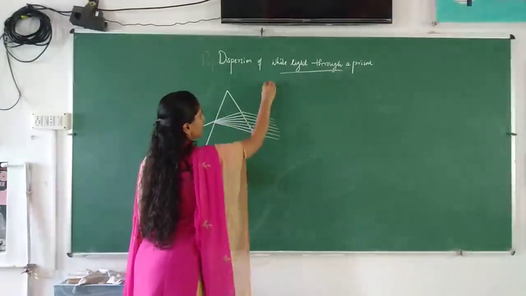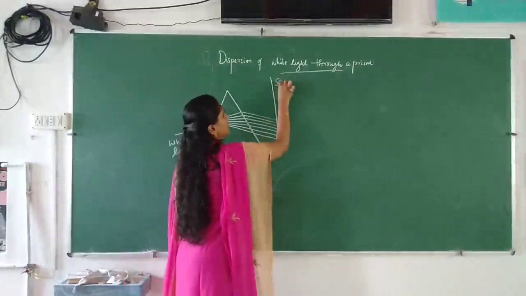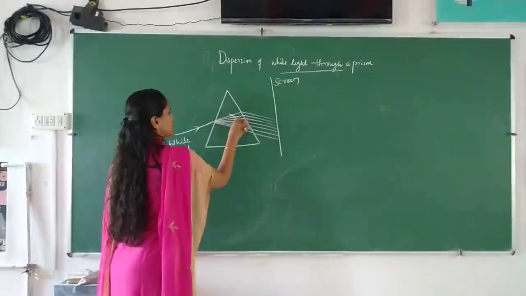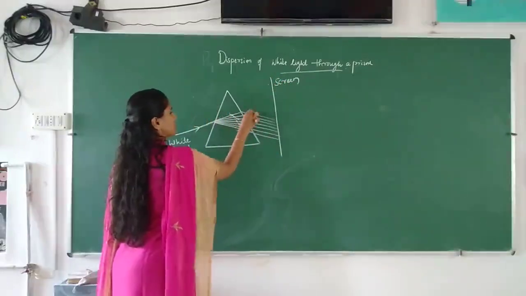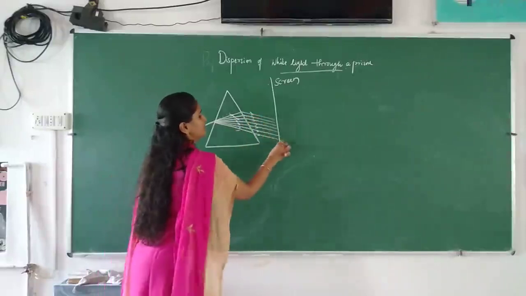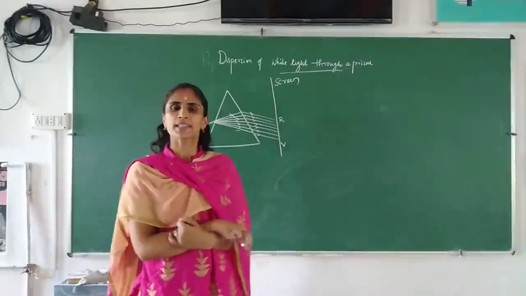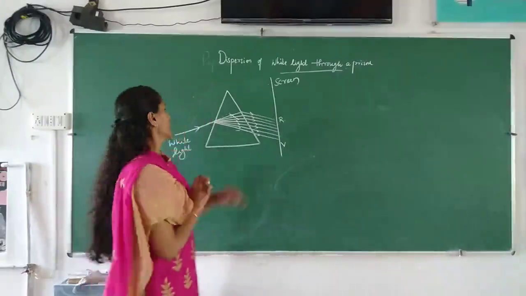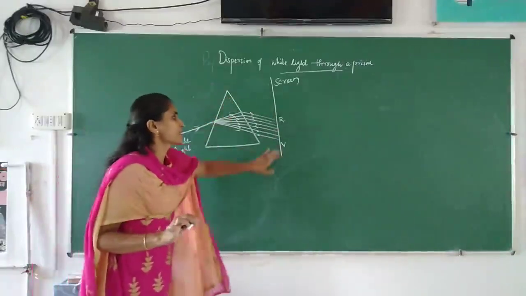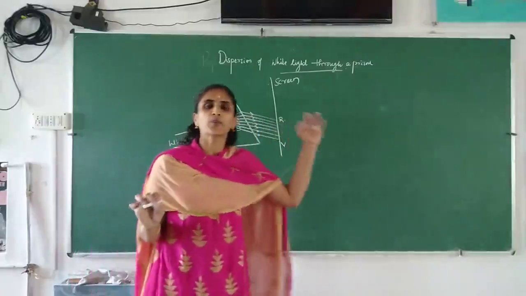So if you are keeping a screen, we are allowing white light to pass through the prism, and we can see 7 colors varying from violet to red.